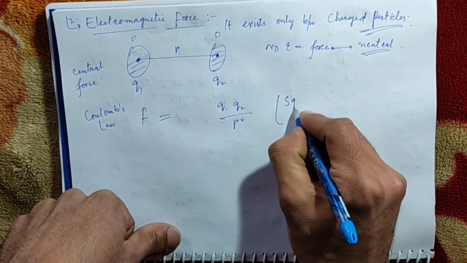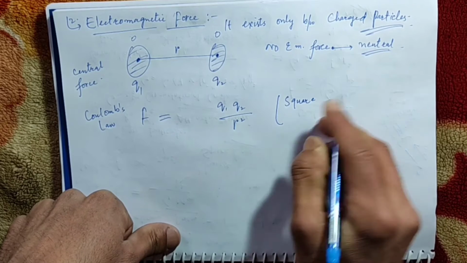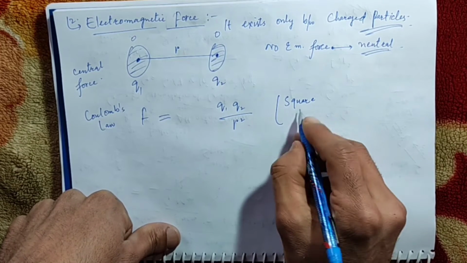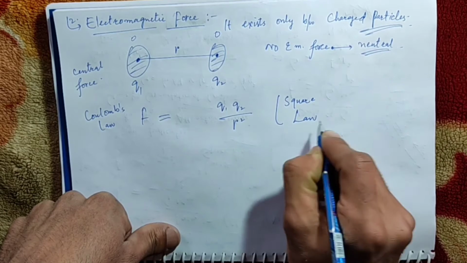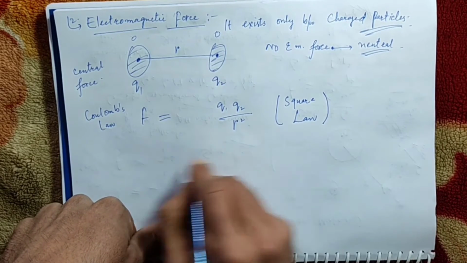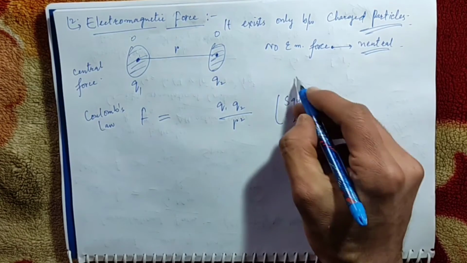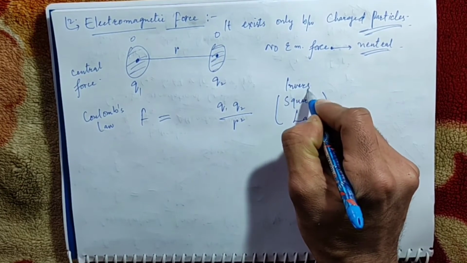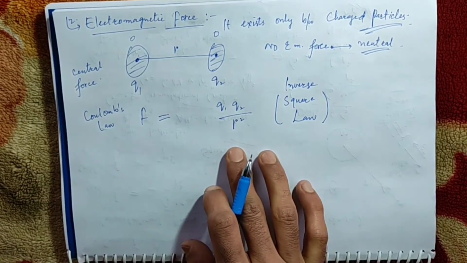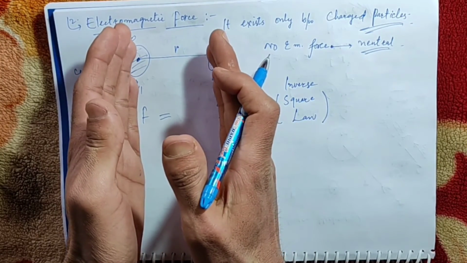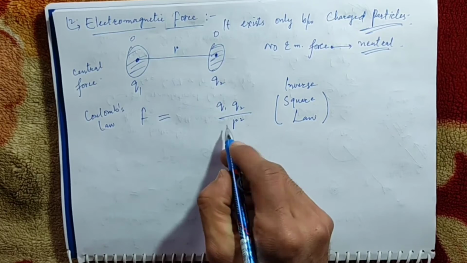So this is also an inverse square law, because it is inversely proportional to the square of the distance between the two particles.